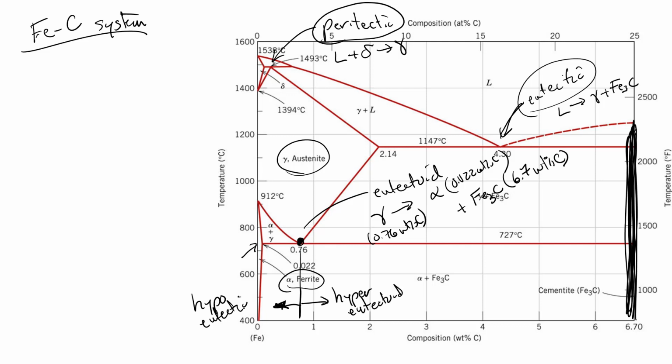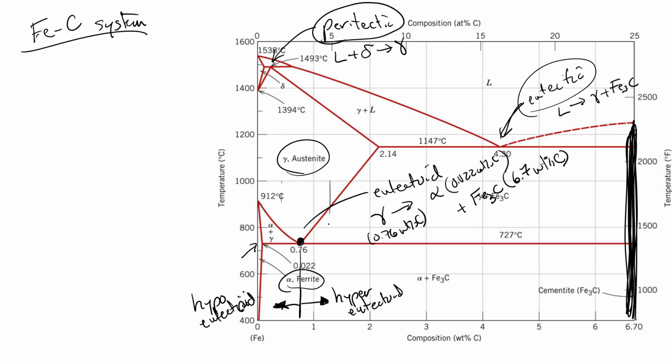Sorry, this should be eutectoid on the other side because it came from a solid. Now those steels are going to be much different because on one side, over here on the left, you're going to have a different microstructure than over on the right.